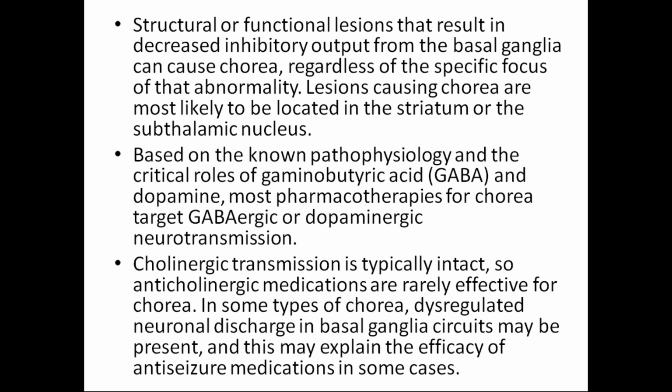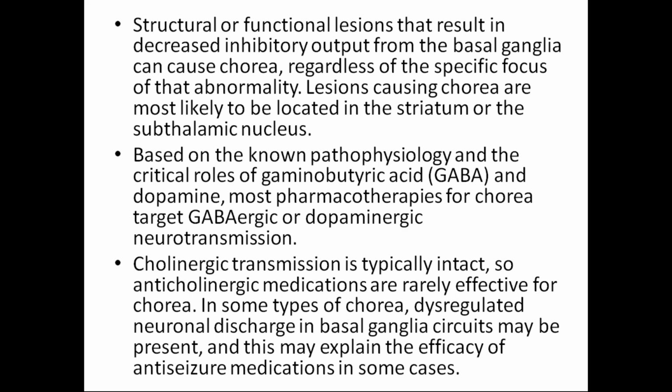This is important: based on the known pathophysiology and the critical roles of GABA and dopamine, your treatment is based on these things. Because inhibition is affected, you want to restore it, so you substitute GABAergic and dopaminergic neurotransmission. That is how your management goes.